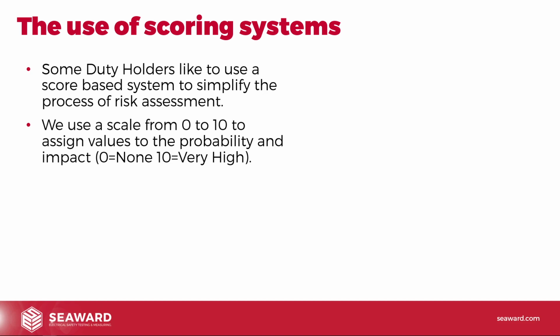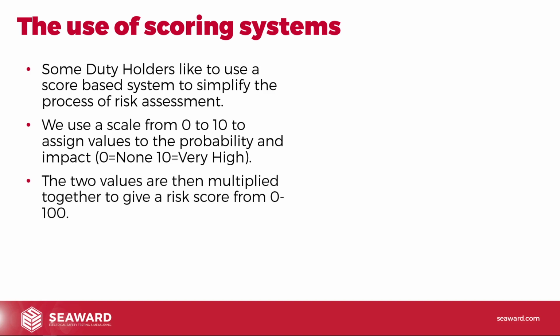If that thing goes wrong and stops working, from a safety point of view, there is no impact at all. But you could say, actually, no, the impact's a 10. You know, if that goes wrong, that's going to kill somebody. In which case, that could be a 10. So we assign these scores. So by using this sort of decimal system, this 0 to 10 system, it's quite straightforward.